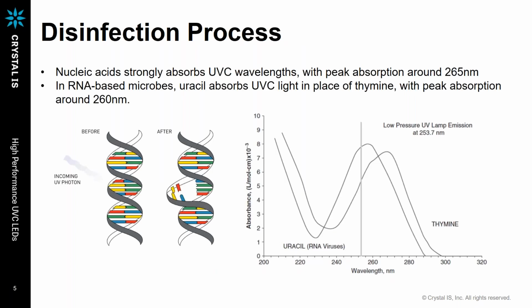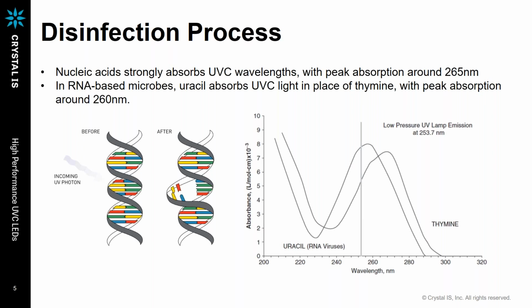So how does the disinfection process work? The UVC generates photons, which impact the nuclei of the DNA. What we are showing here in the left-hand structure is the DNA of a microbe, or just in general a DNA, and it has all the thymine bonds intact.